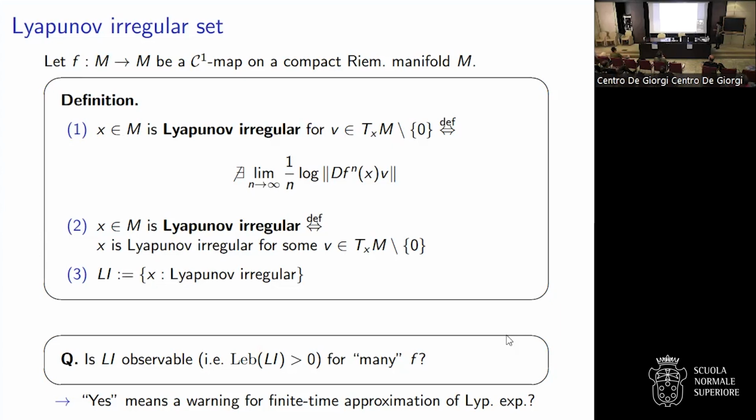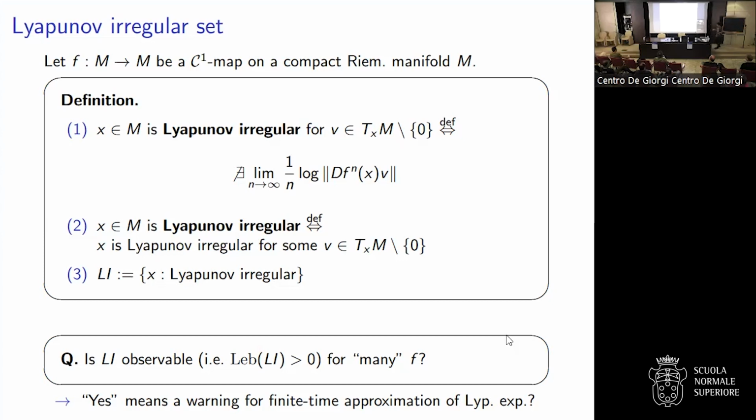I denote by LI the Lyapunov irregular set, the set of points with the Lyapunov irregular property. And my question is this: is the Lyapunov irregular set observable, in the sense of positivity of the Lebesgue measure, for many dynamical systems?